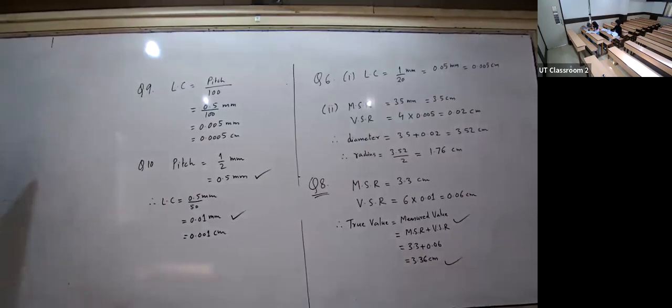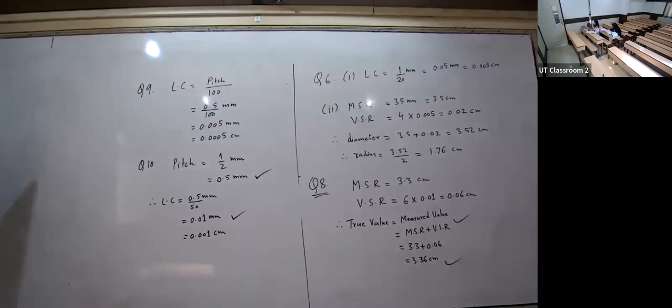Second, what is given? Positive zero error is given as plus 0.005 centimeter. So what is the answer with correction? The observed value is the first answer, which is 0.127 centimeter.